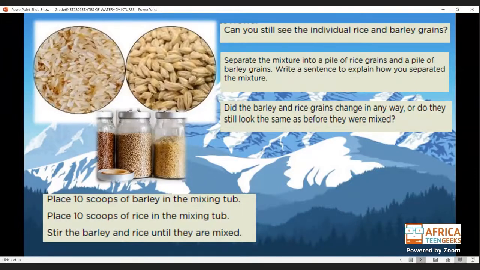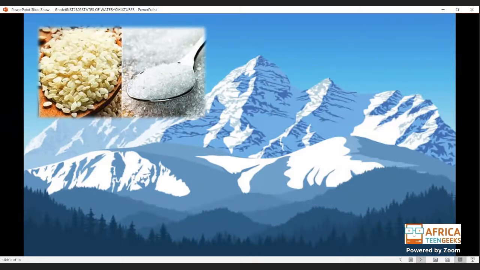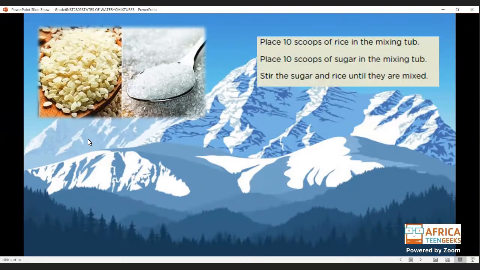Okay. Right. So now let's look at another one. What if we were to mix rice and sugar? Now it doesn't have to be exactly 10 scoops. You can just mix a small amount, just to be able to visually imagine the difference.